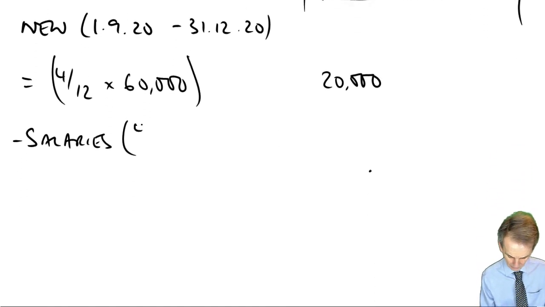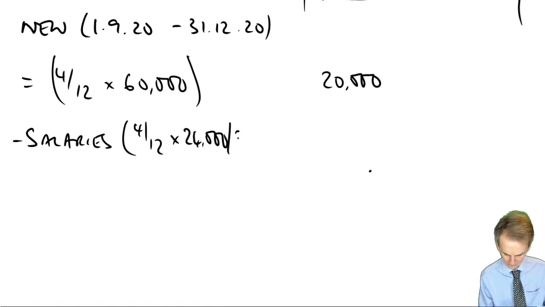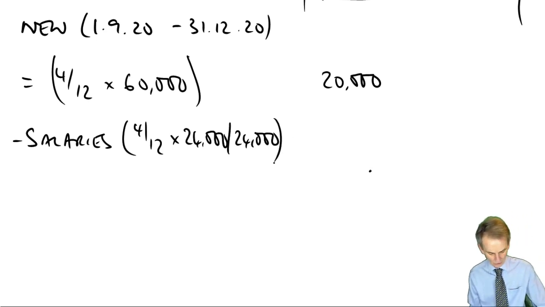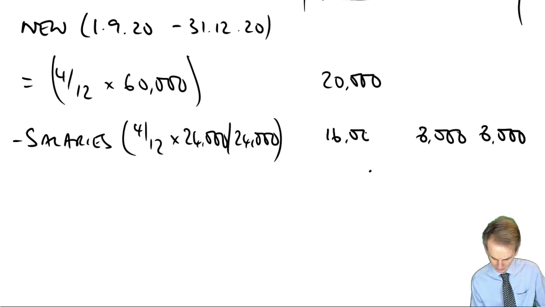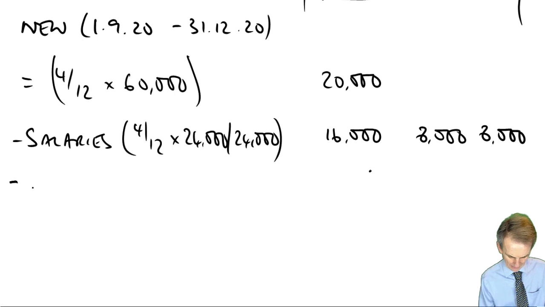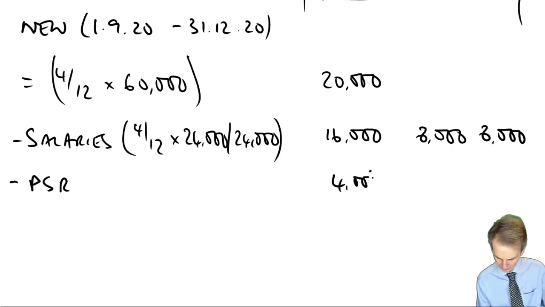We're now talking about 4/12 of the new annual salaries, and they are both £24,000. So 4/12, 1/3 of that will be 8,000 credited to each partner. That's 16,000 in total.